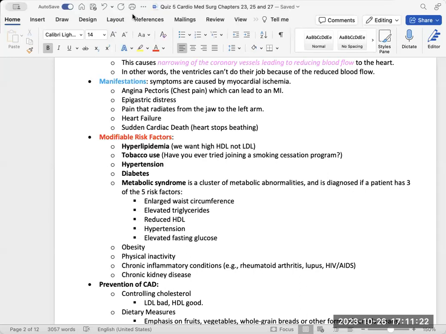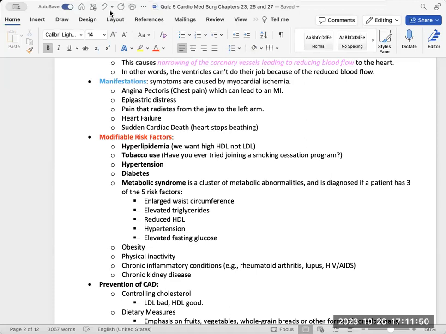So these are all things that relate to pathophysiology. That's why pathophysiology is so important, because if you understand how these diseases work, you understand the manifestations, which allows you to better understand all of the symptoms, especially because it can be a lot. But you're going to see also the risk factors, things that can be caused by all these other disorders are very similar. Like I said, coronary arteriosclerosis is the foundation for a lot of them.